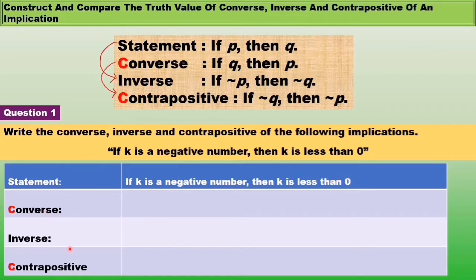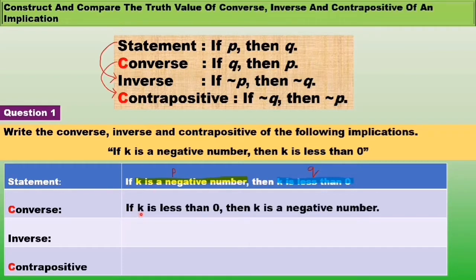Converse. K is a negative number is P. K is less than 0 is Q. So the converse is, you write Q at the front and P at the back. If K is less than 0, then K is a negative number.